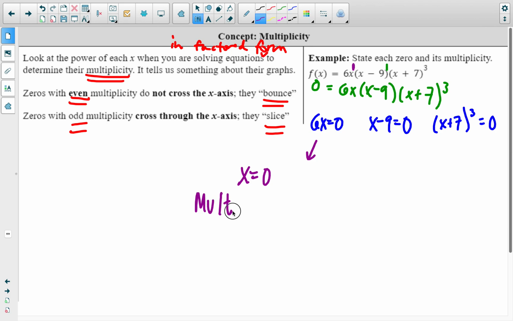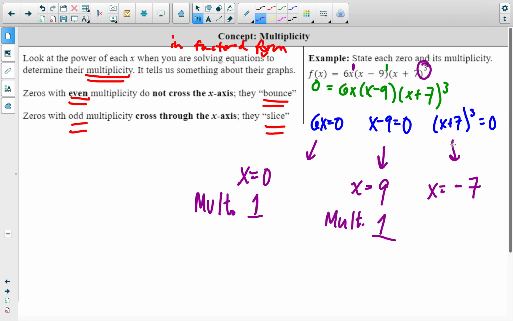I'm okay if you abbreviate it as mult, M-U-L-T, period, multiplicity of 1. x minus 9 means x equals 9, again with a multiplicity of 1. You're just stating whatever that degree is. Then here we end up with x equals negative 7, and that degree is a 3, so we're going to have a multiplicity of 3. Whatever your multiplicities are, added together, they should hopefully be equal to the overall degree of your function. Nothing to get too hung up on, just something to be aware of.